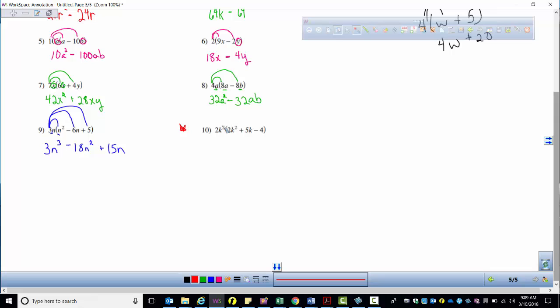Okay, now our last one. Got to add a little bit here. So we got 2 times 2 is 4. You have 3 k's and 2 k's. So 3 plus 2 is 5. And I take 2 times 5 and it's plus, so it's 2 times 5 is 10.